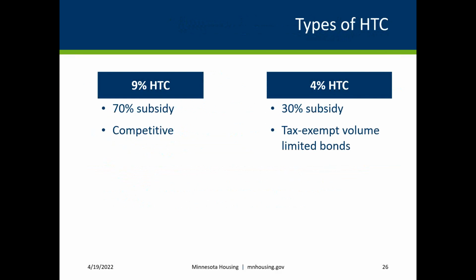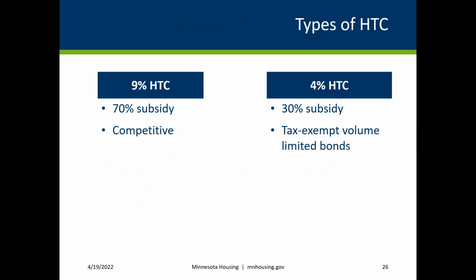There are two types of tax credits, commonly referred to as the 9% and the 4% tax credits. Applicants who apply under Minnesota Housing's consolidated RFP may apply under a competitive process for 9% tax credits or for deferred gap funding with a 4% financial structure.